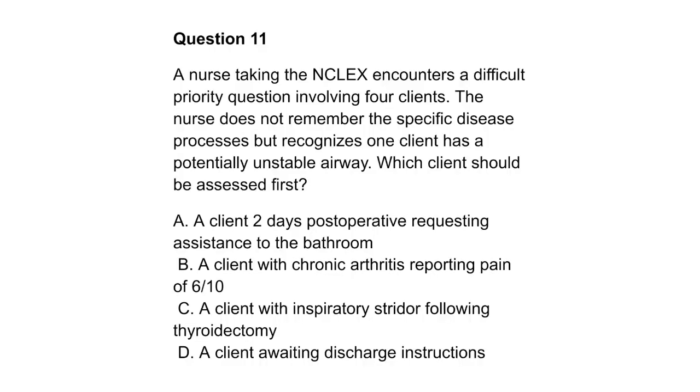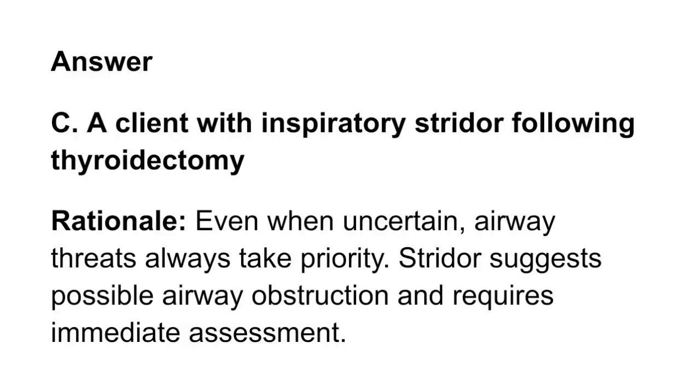C. A client with inspiratory stridor following thyroidectomy. D. A client awaiting discharge instructions. Answer: C. Rationale: even when uncertain, airway threats always take priority. Stridor suggests possible airway obstruction and requires immediate assessment.